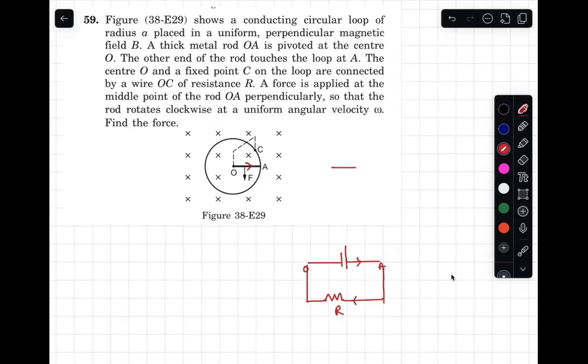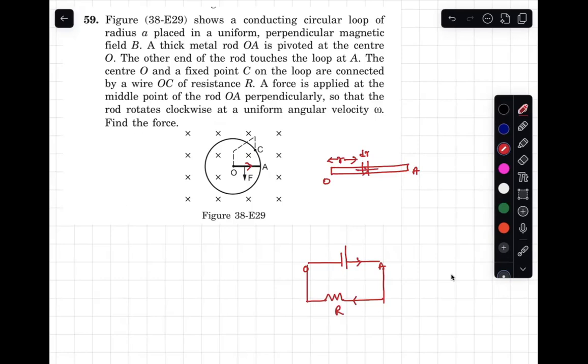Now you take OA outside. You take one element at a distance r, of length dr. Now the current is in this direction. Fleming's left hand rule again.